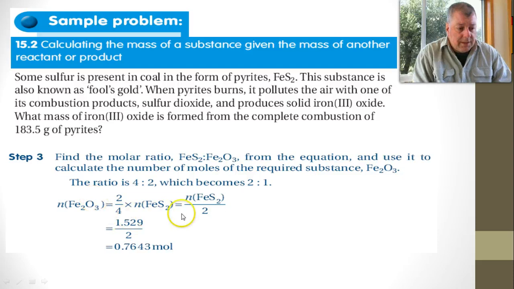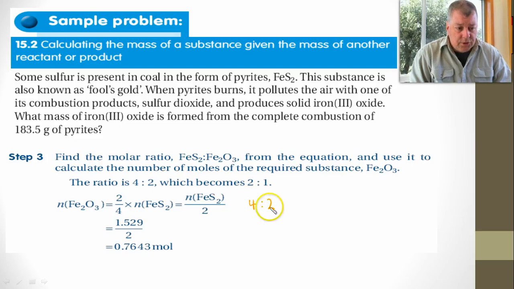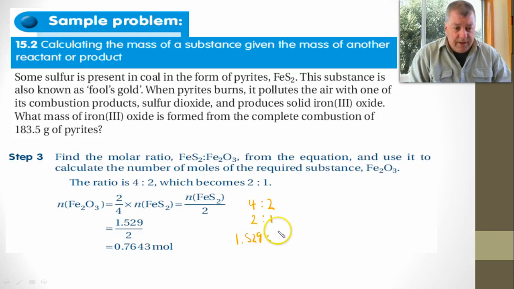They do a little bit of maths technique here, but basically it's saying if our known is 1.529, I would tend to write it something like this, which is just the way my mind works. 4 to 2, which is the same as 2 to 1, and if our known is 1.529, effectively this has to be 1.529 divided by 2.